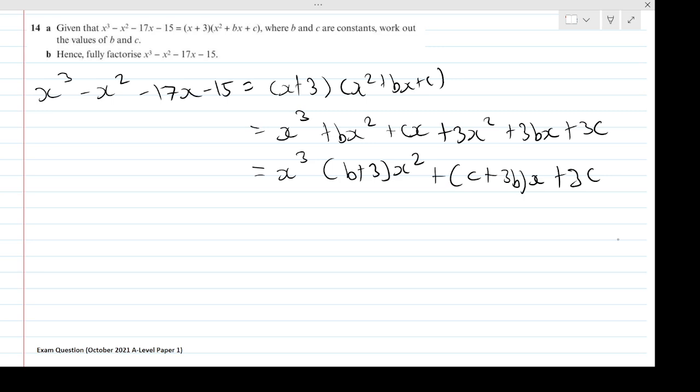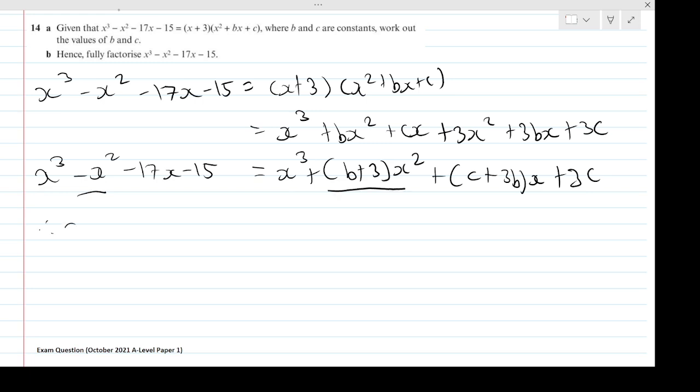But then, if we were to rewrite this other term, what we were given, x cubed minus x squared minus 17x minus 15, what you can recognise now is we should be able to compare both sides. Well, x cubed, we get x cubed. That's great. But then it said minus x squared, and we know we have b plus 3 x squared.